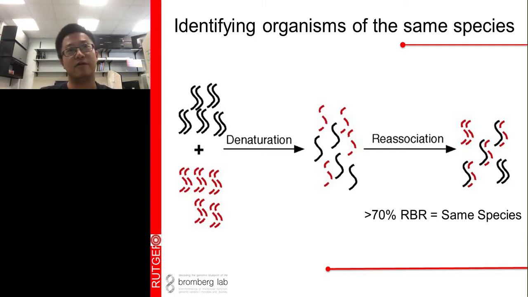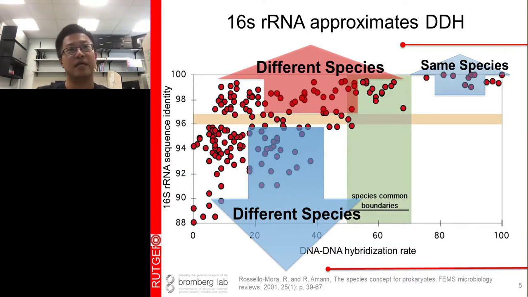However, although this technique is very accurate, it's experimentally very demanding. So people started to seek another marker which is easier to use. And the answer that we have found is 16S RNA. If you have been in this field, you must have heard about this gene.